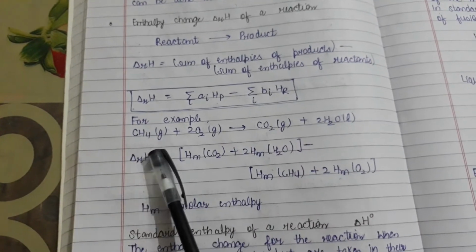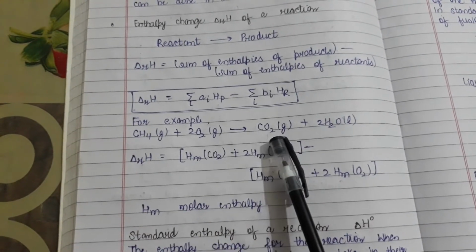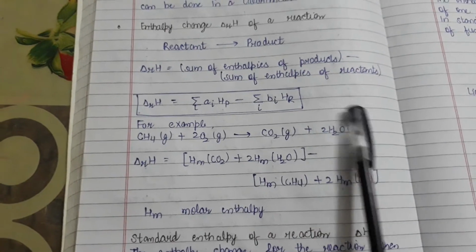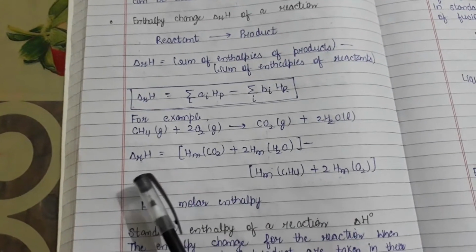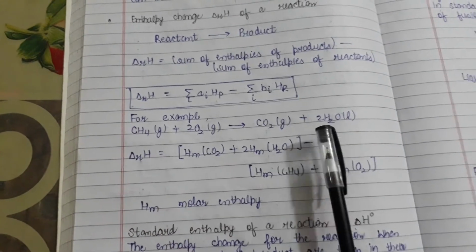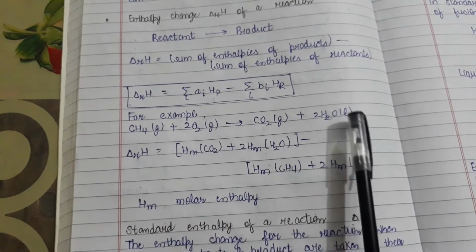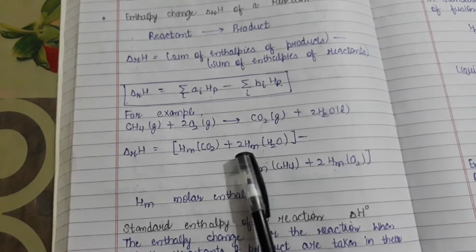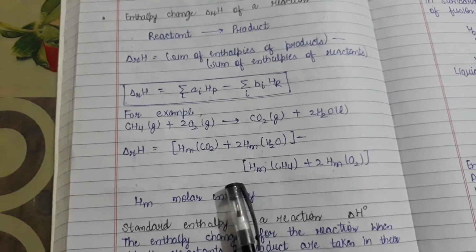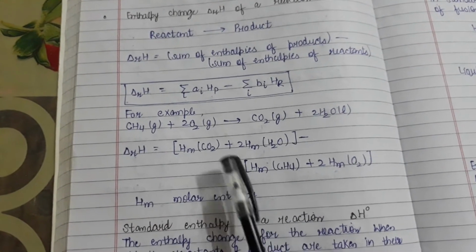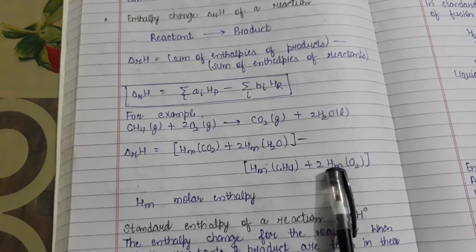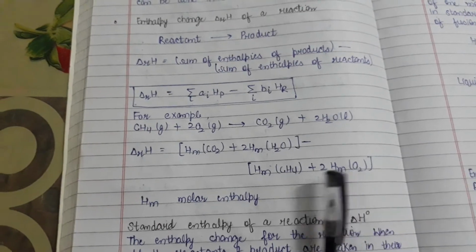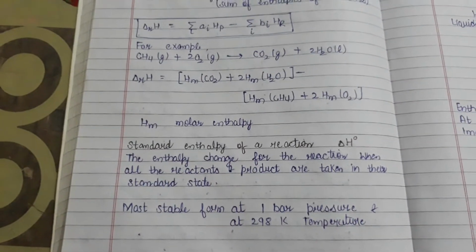For example, when methane reacts with oxygen, it gives carbon dioxide and H2O. Here this one is the product and this one is the reactant. So enthalpy change of reaction is the summation of both these. But here there are 2 moles of water, so we multiply this by 2, minus the enthalpy of methane plus 2 times the enthalpy of O2.